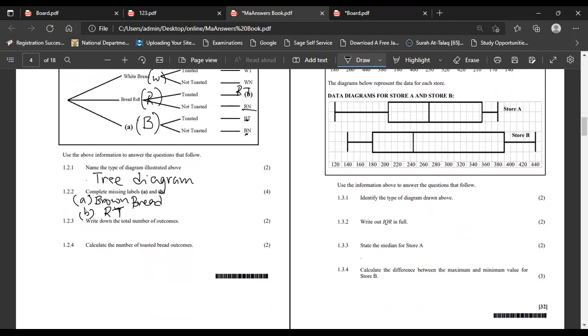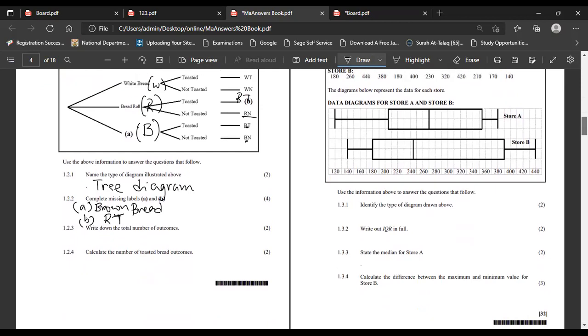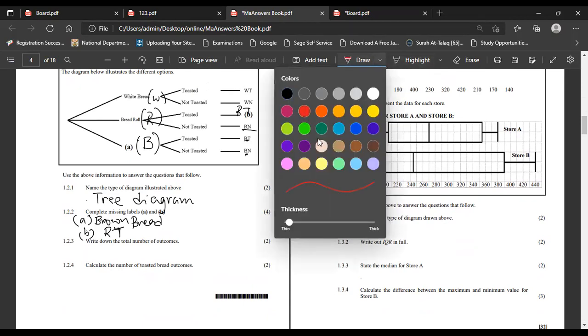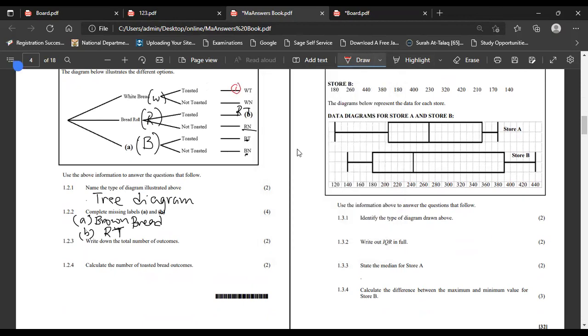Write down the total number of outcomes. Now, the total number of outcomes, how do we get them? We come here and count. Let's count together. We have the first one as 1, 2, 3, 4, 5, and 6. So the answer here becomes what? Total number is 6 possible outcomes.